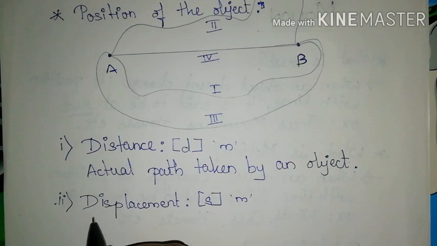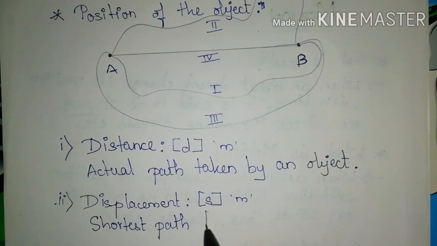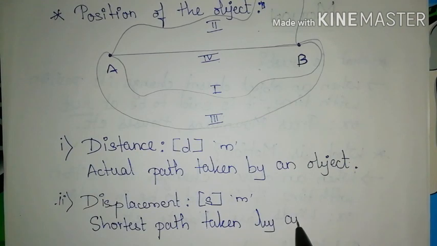And displacement is defined as the shortest path taken by an object.